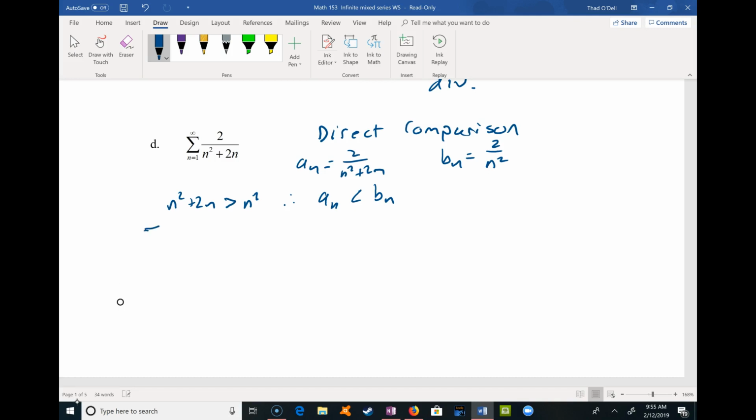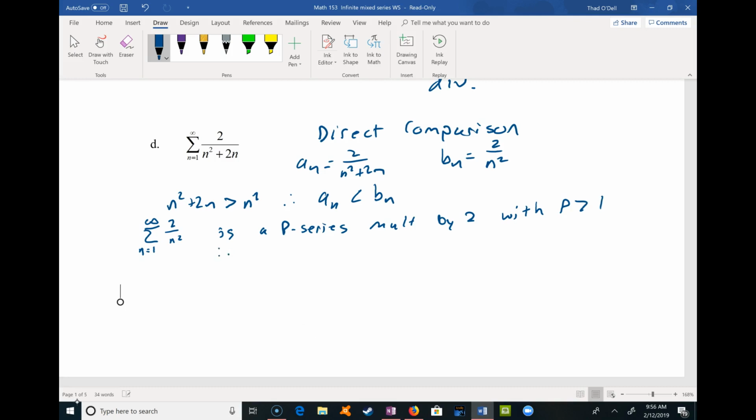And we know that this series, n running from 1 to infinity, of 2 over n squared, is a p series multiplied by 2 with p greater than 1.